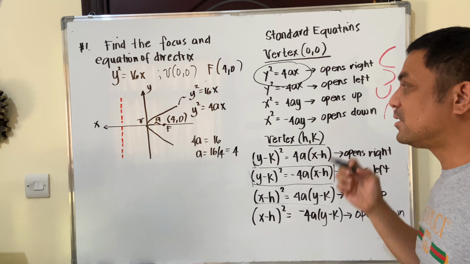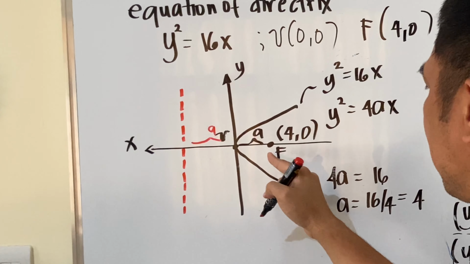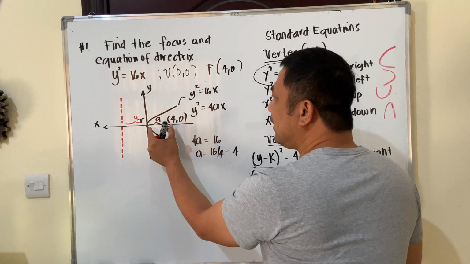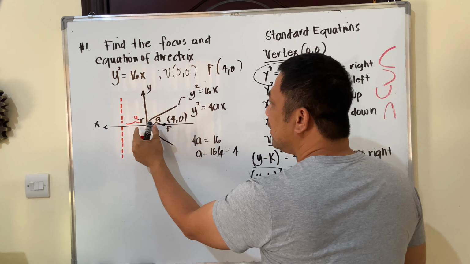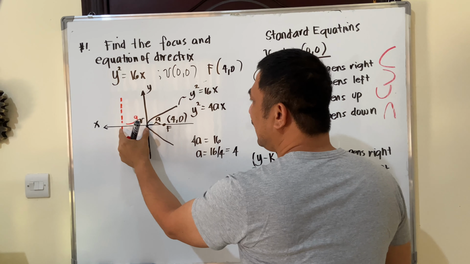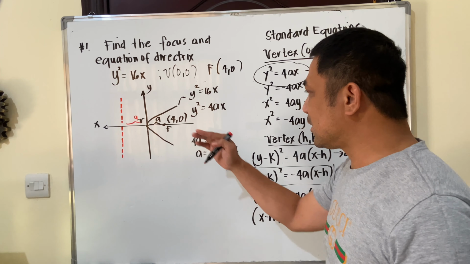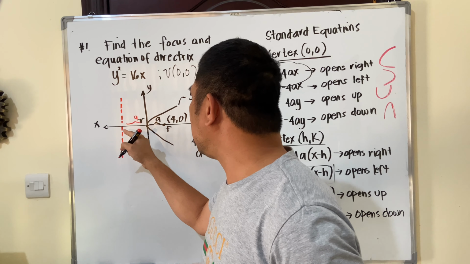This is also equal to a. From focus to vertex is 4, so that means from vertex to the line the distance is also 4. But this is on the negative side of your x value or x coordinate. So that means this would be the equation of this line.